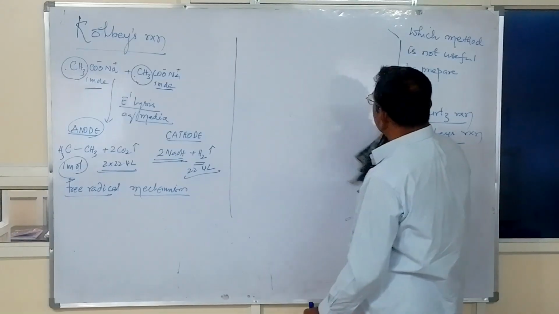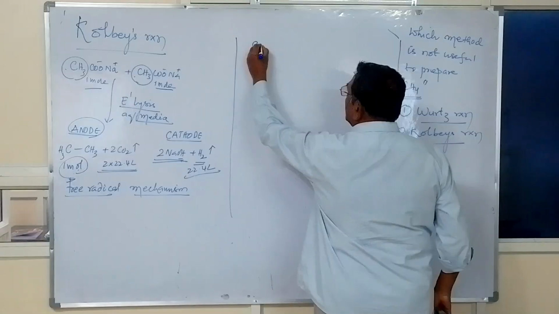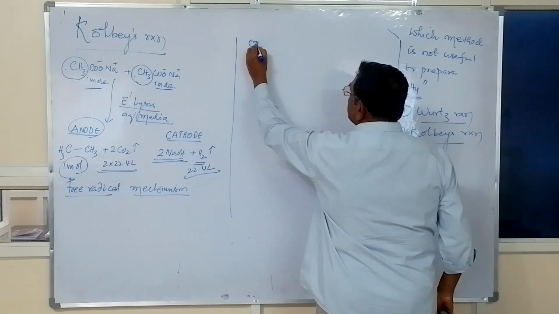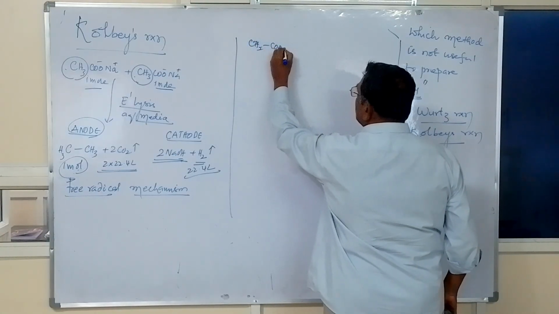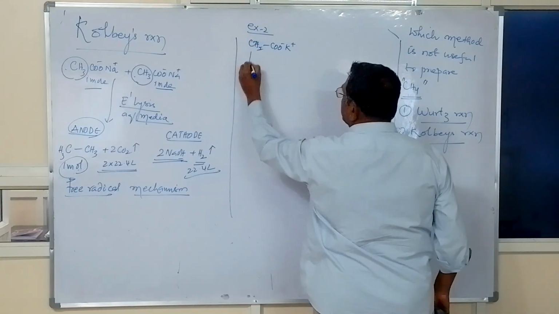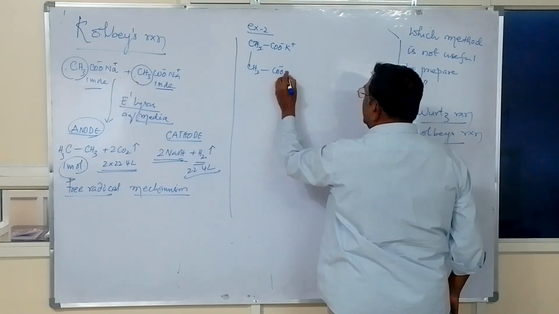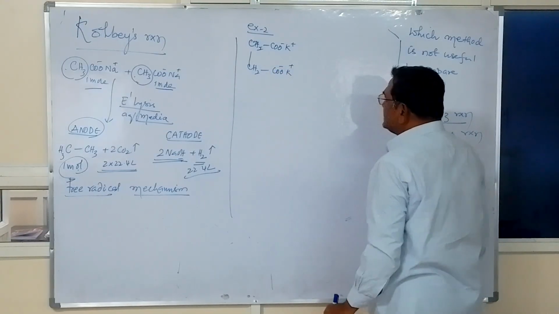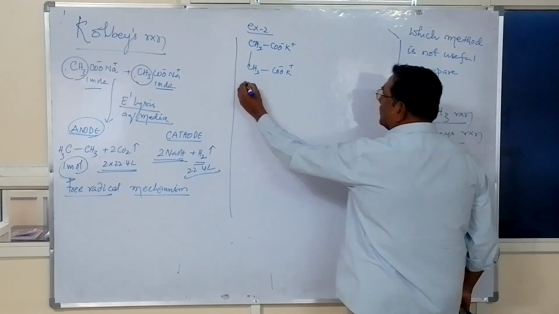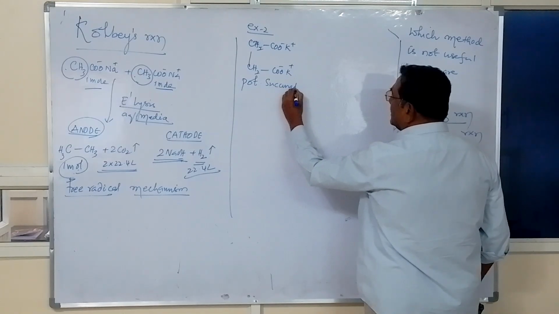Okay. Now, children, example number 2, I am doing this. CH2COO minus K plus, CH2COO minus K plus. Potassium succinate is the compound.